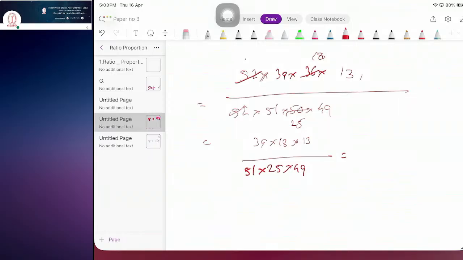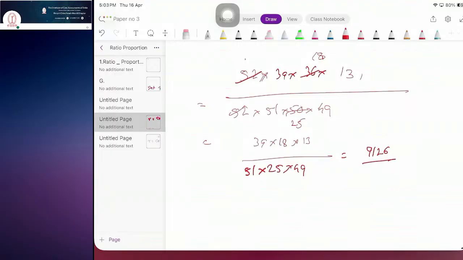So let's find the value. 39 multiplied by 18 multiplied by 13 is 9126.